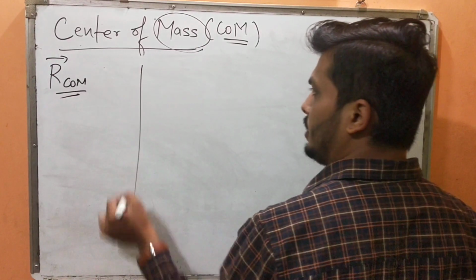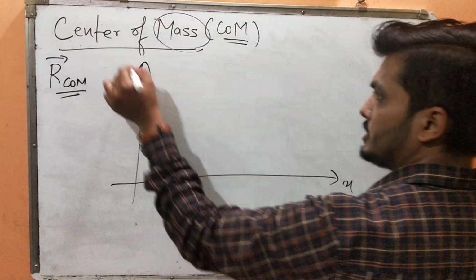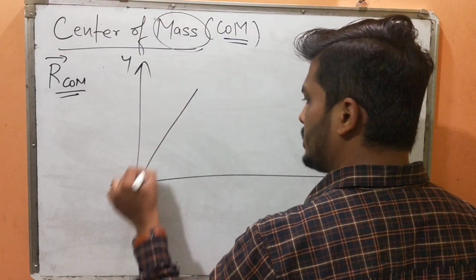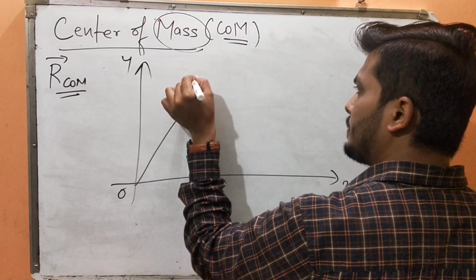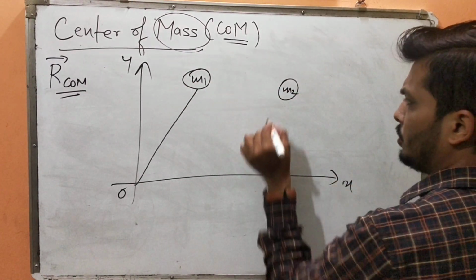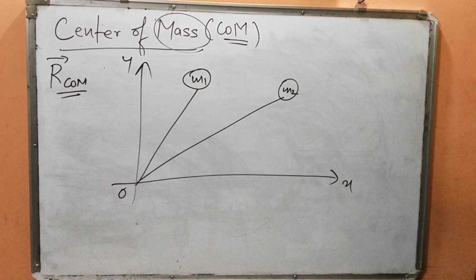Now suppose I draw this. This is my x-axis, this is my y-axis, this is my origin. Now suppose there are two bodies, a body of mass M1 and one more body of mass M2, separated by a certain distance.